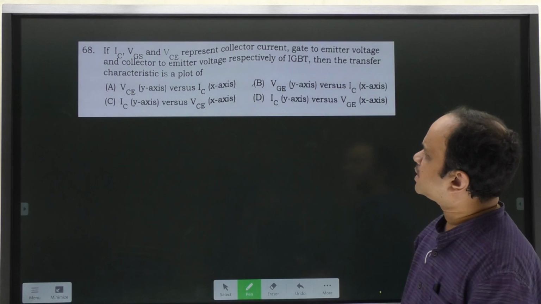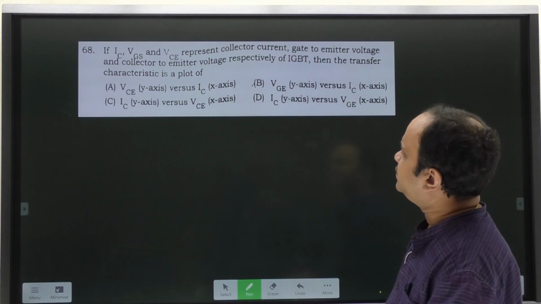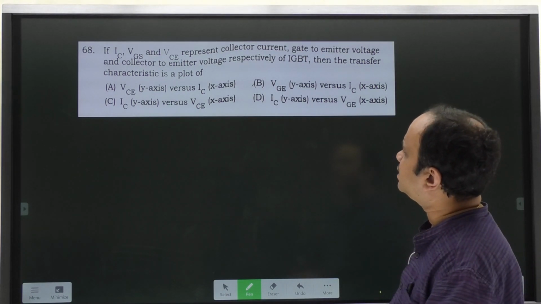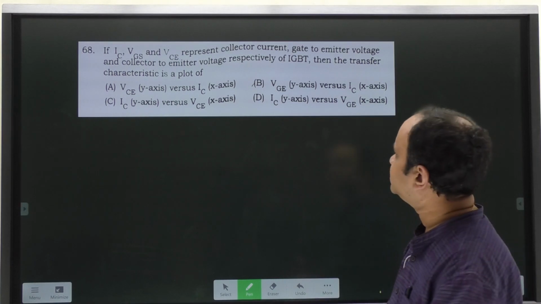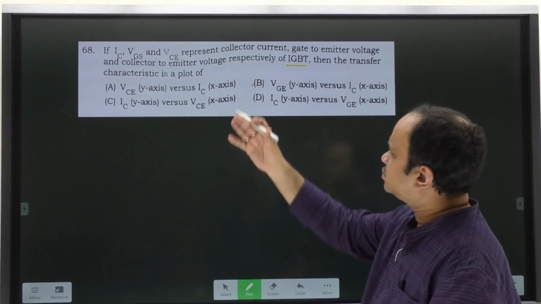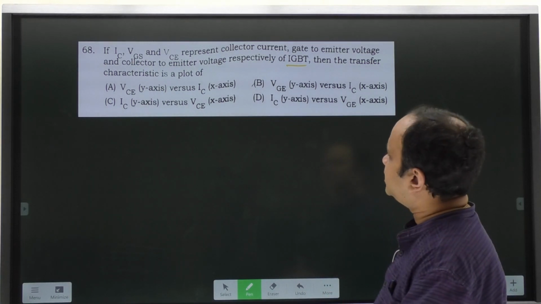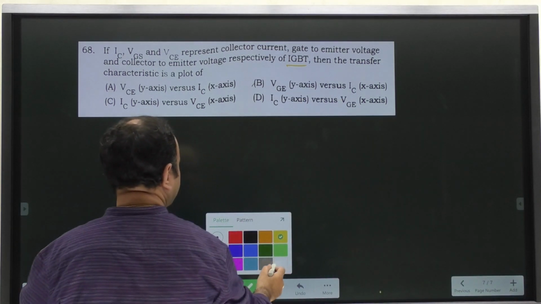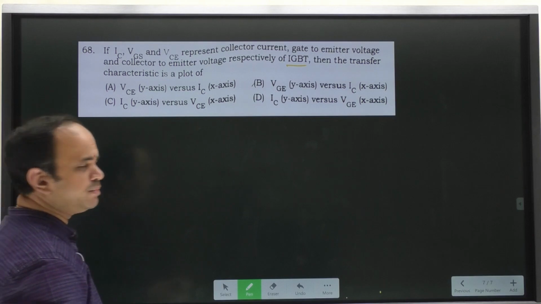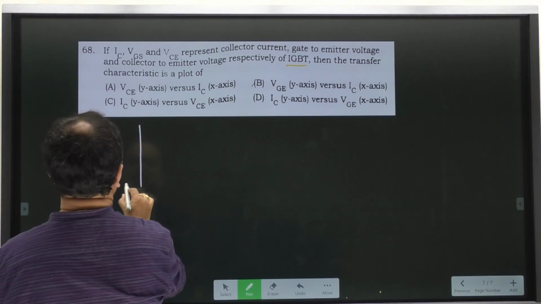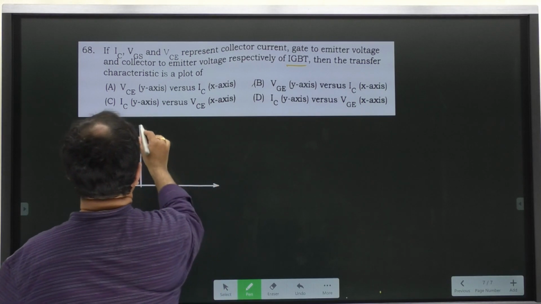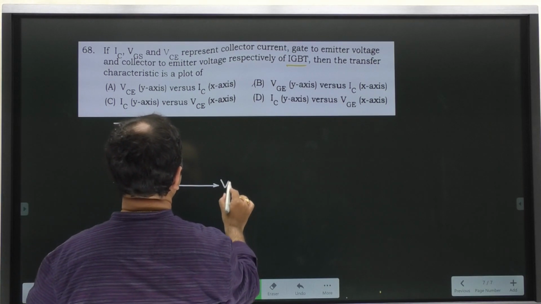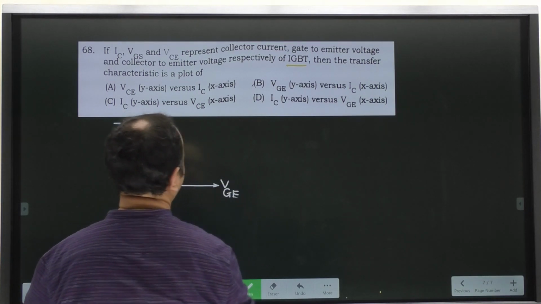So what is that? If IC, VGS, VCE represent collector current, gate to emitter voltage and collector to emitter voltage respectively of an IGBT, so the symbols have their usual meanings, then the transfer characteristic is a plot of... So the transfer characteristic, either in IGBT or MOSFET, is simply the characteristic between output current, in this case IC, and the control voltage, in this case gate to emitter voltage.